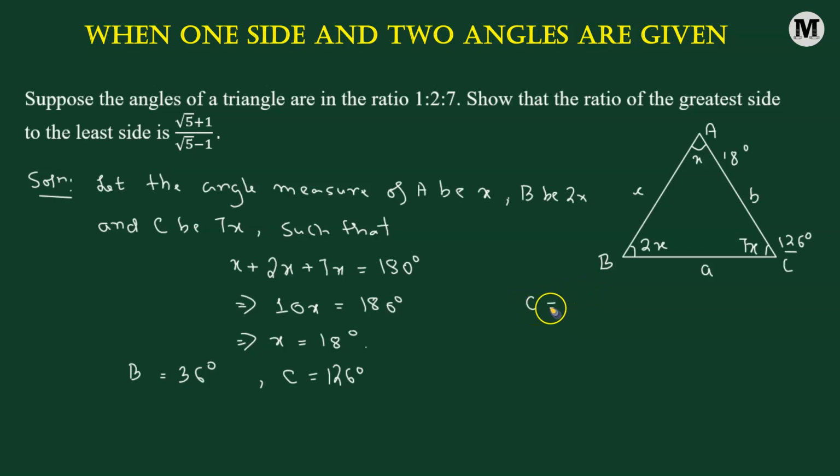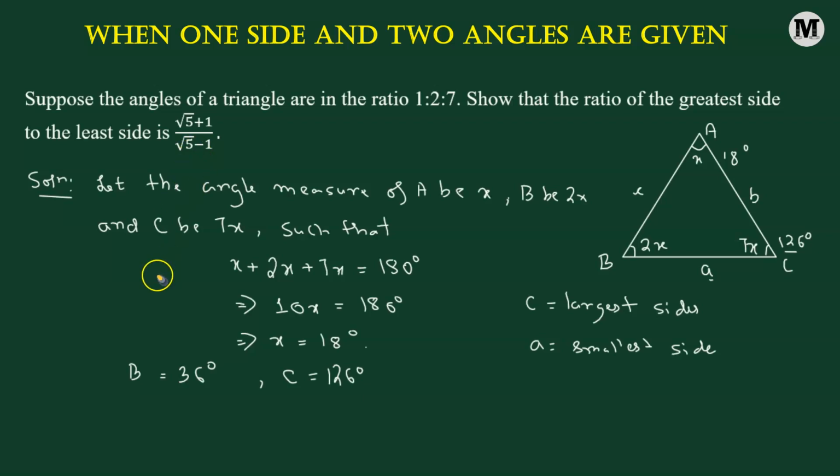We can say that c is the greatest side of the triangle, and a is going to be the smallest side, because angle A measures 18 degrees, that is the smallest angle in the triangle ABC. So the side opposite to it, which is denoted by a, is going to be the smallest side. In other words, what we need to show here is that the ratio of c to that of a is given by (√5 + 1)/(√5 - 1).